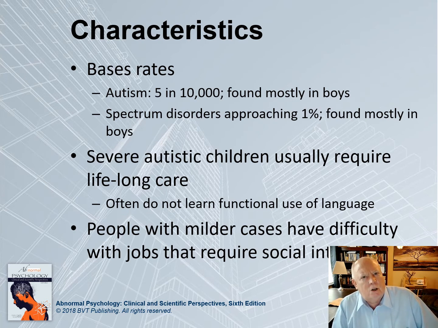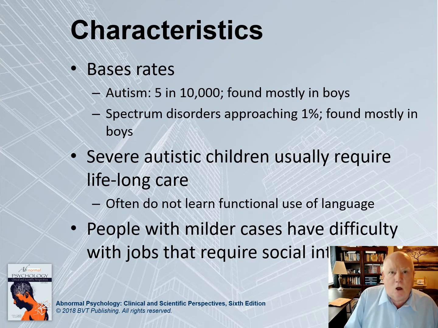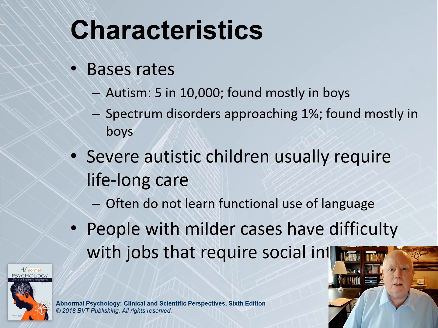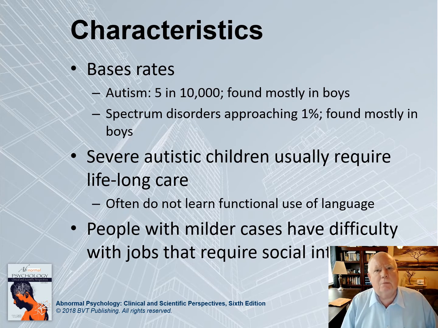Severe autistic children are probably going to require lifelong care, although we now know they may not require lifelong hospitalization. If we can teach them functional use of language that improves their prognosis for being reasonably independent, but they're probably not going to graduate from high school or go to college or hold a job simply because it's well beyond their reach.